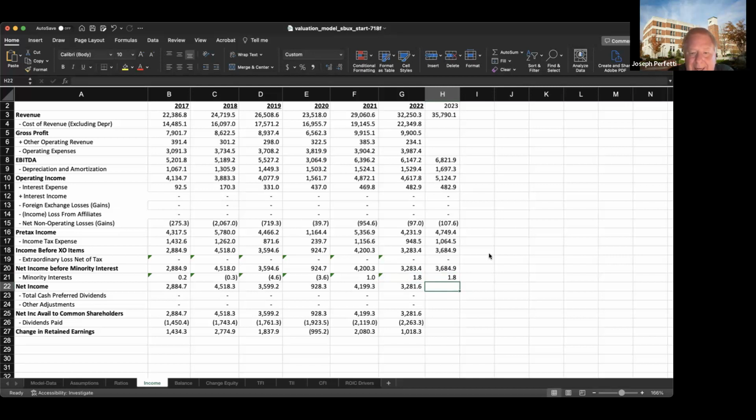So our net income is going to be the total income after the extraordinary items minus, so basically equals this cell, which is H20 minus H21.